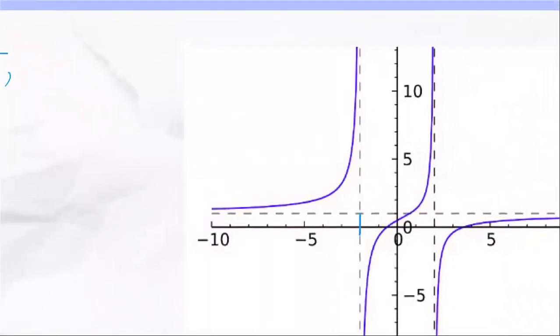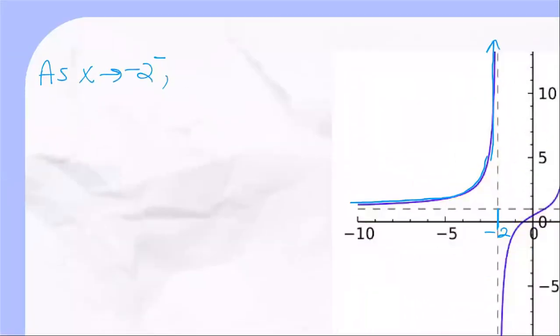So here is -2. Okay, so as x approaches -2 from the left, I would go from the left. As it approaches -2, what's happening to my graph? It looks like it is going up without bounds. So I would say that my y, or f of x, is approaching positive infinity.